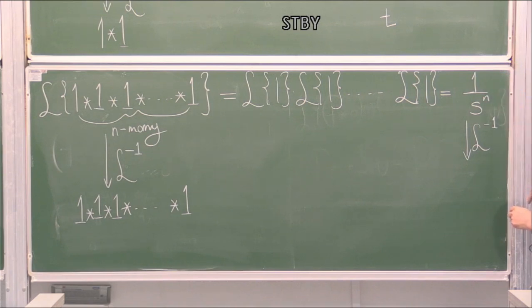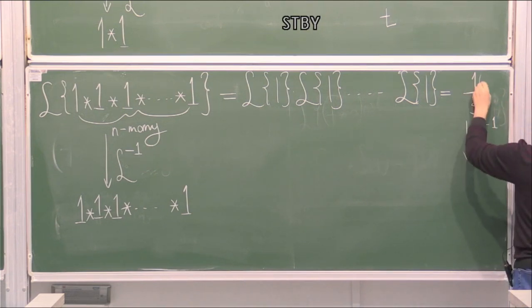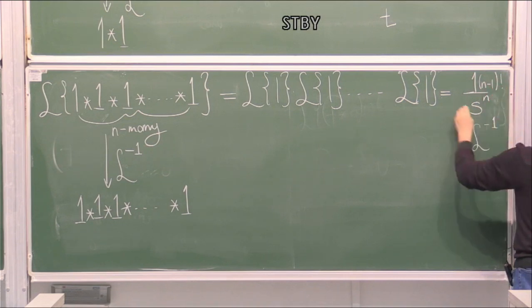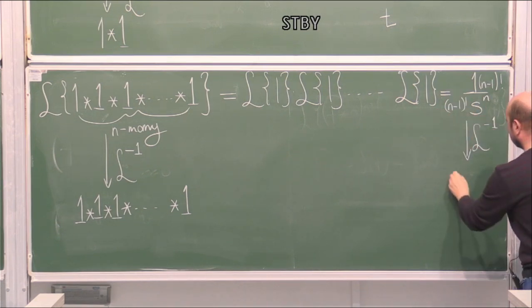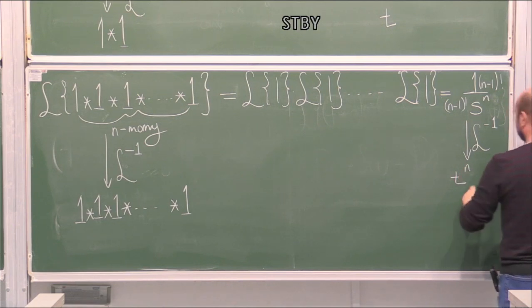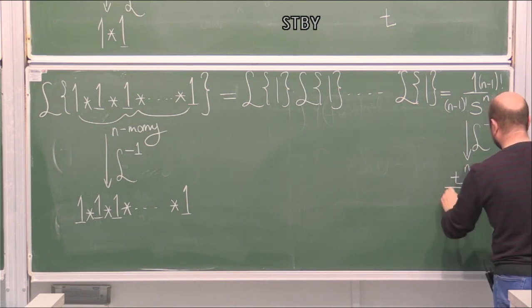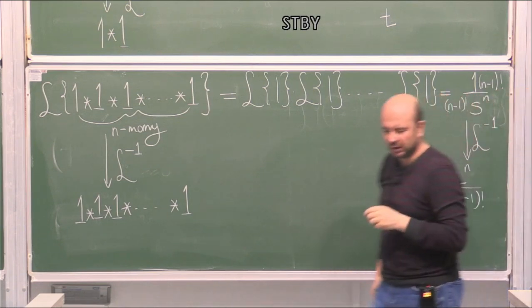I remember this thing from somewhere. If it were n plus 1 and here n factorial, I know the answer. So I will just play with this. So this is n, and I need to write here n minus 1 factorial and divide by n minus 1 factorial. If you look at this portion, this is exactly Laplace of t to the n minus 1 over n minus 1 factorial. So t to the n minus 1 divided by n minus 1 factorial. This is what we get.